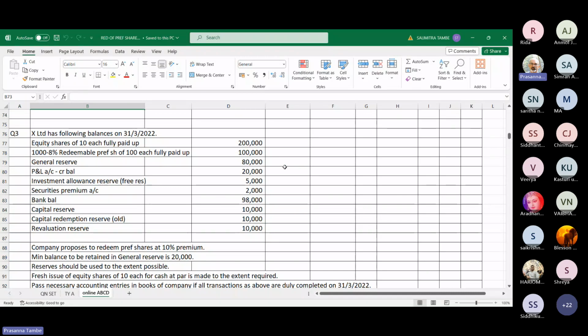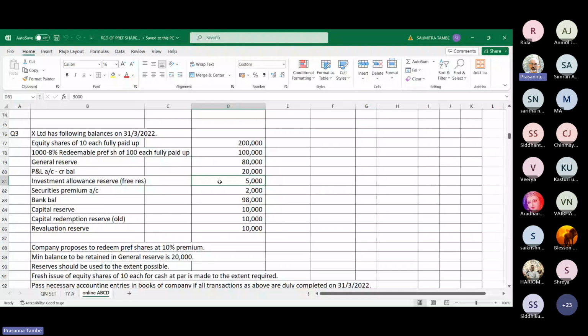I'll just run through the numbers. We can use 60,000 of general reserve, right? 20,000 we have to retain. Add another 20,000 from P&L account. So 60 plus 20 becomes 80,000. Then we can add investment allowance reserve also, 5,000. That is also possible. So 85,000. Securities premium we can't, capital reserve we can't, and CRR and revaluation reserve we can't.